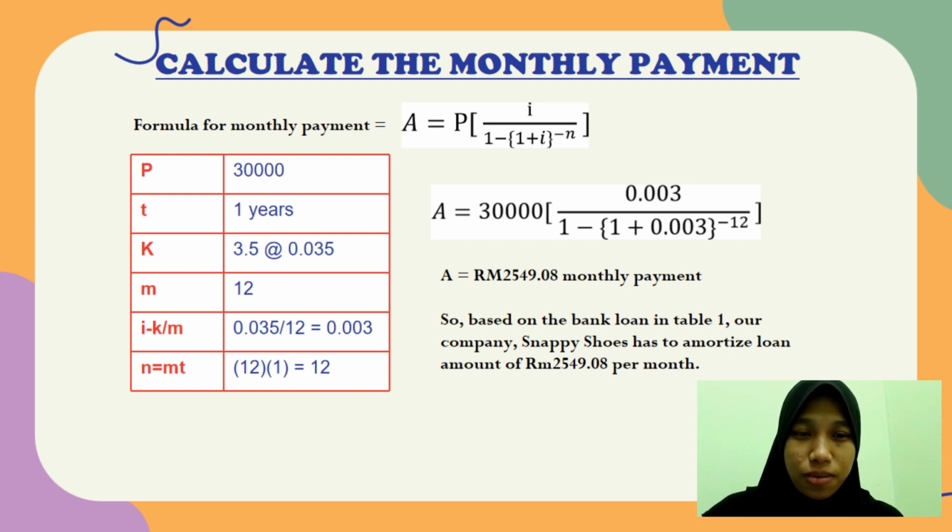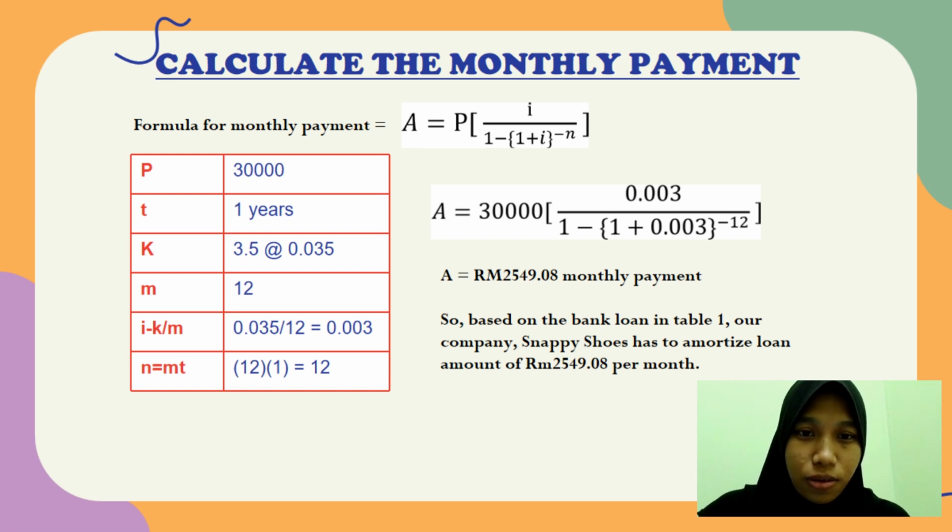Now, I want to present about the monthly payment for question 4. Based on the bank loan that our company, Snappy, has identified in Table 1, at 3.5% compounded monthly, it is to be amortized over 12 months. So, the calculation of the monthly payment is as follows.